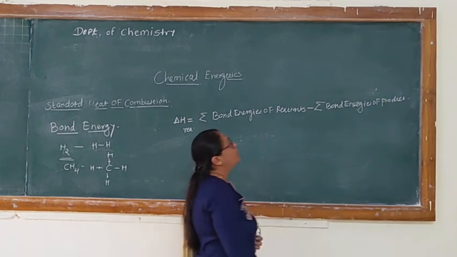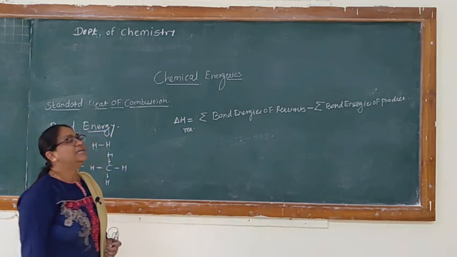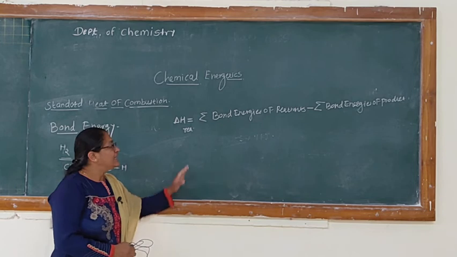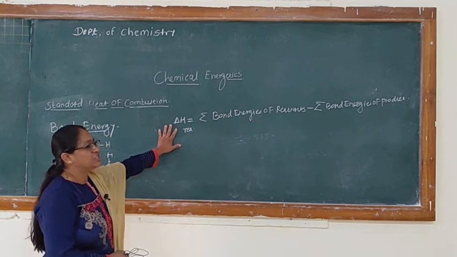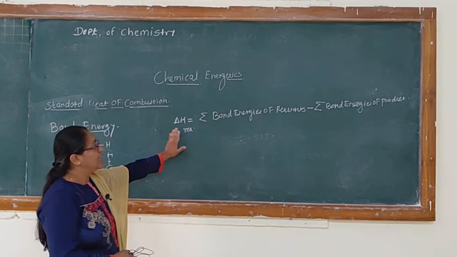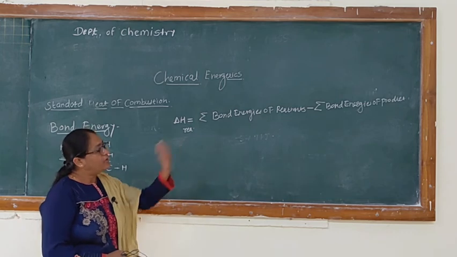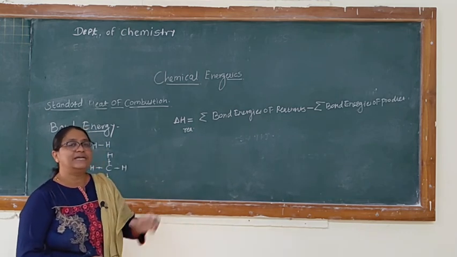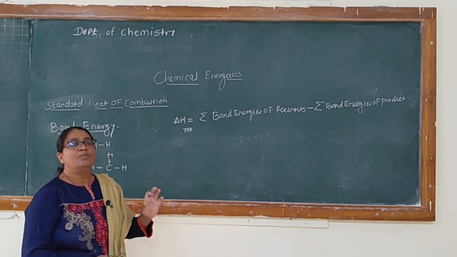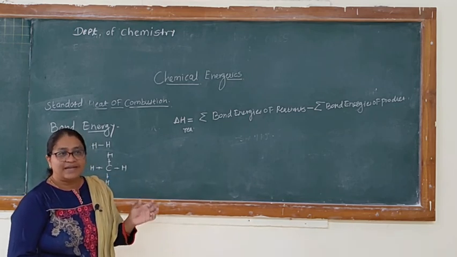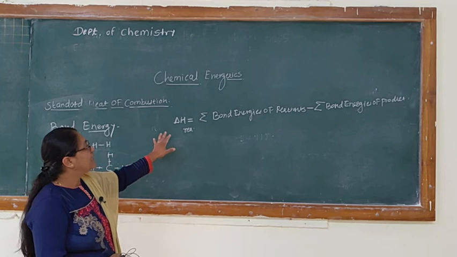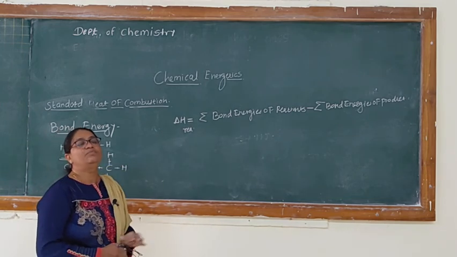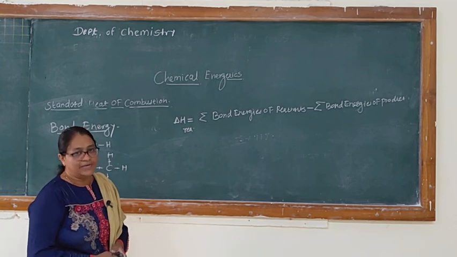So this is how we can calculate the delta H for the reaction. From the values of bond energies, we can calculate the delta H, that means the enthalpy of the reaction, and the values of the bond energies of the reactants and the products can be taken from standard data. The different bond energies are given in that data, and from that we can calculate the enthalpy of the reaction.